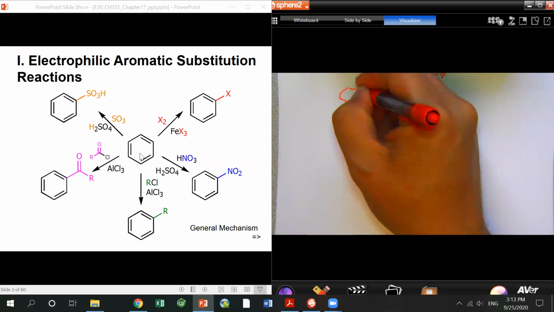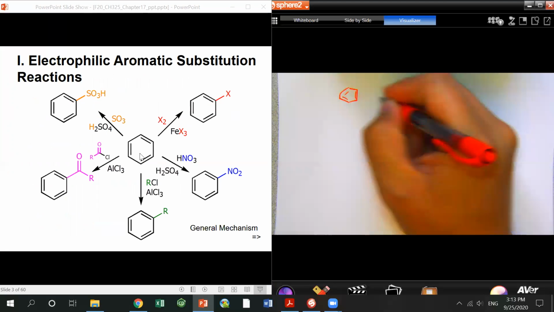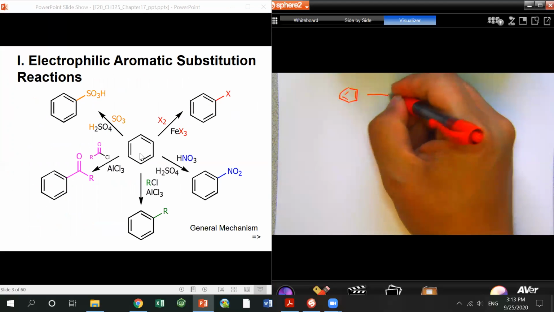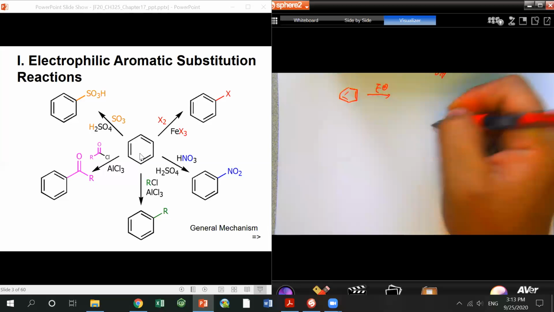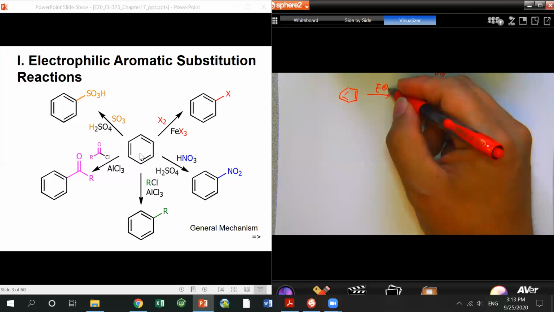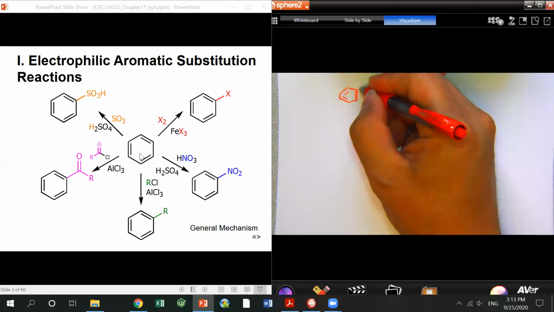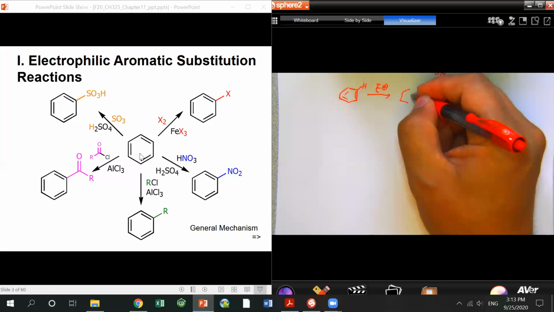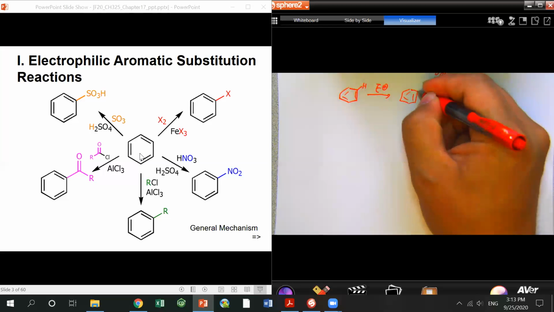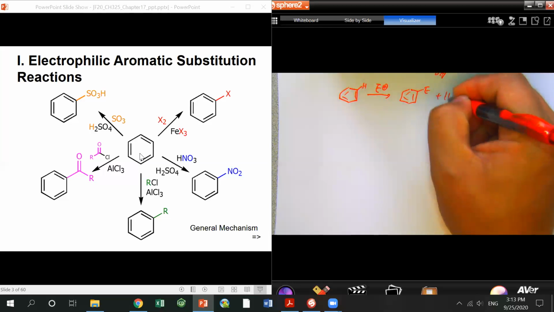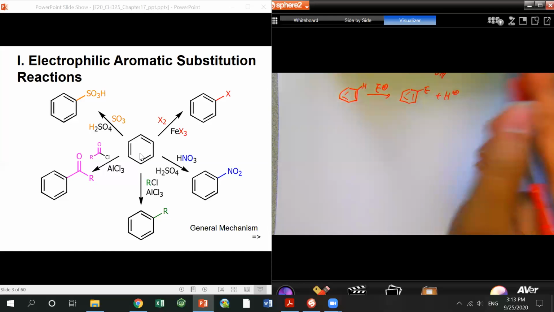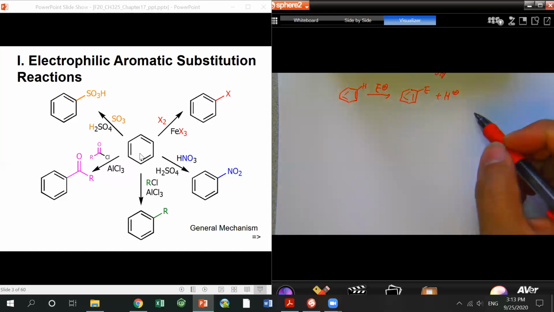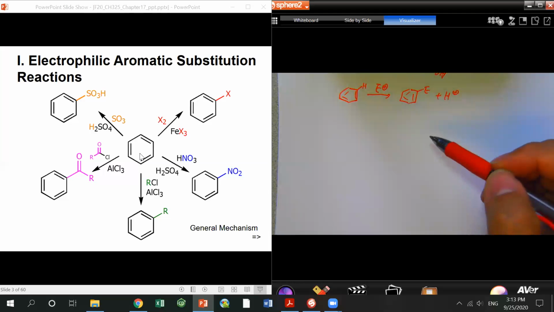You have benzene, and the reactant is an electrophile. The electrophile pulls in electrons, and one of the hydrogens on benzene, for example this one, is replaced by the electrophile, and the H plus is picked up by some other species.